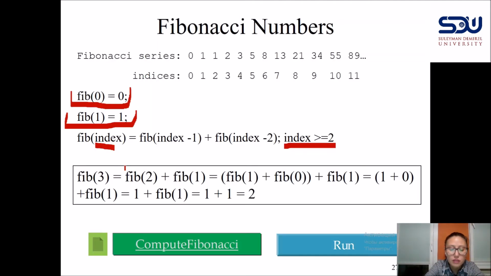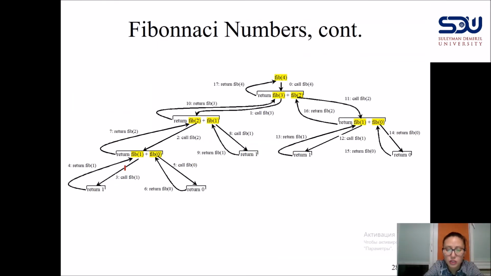Now, how does this function work? Let us see the example. If you need to find the Fibonacci for 4, what will you return? You will return Fibonacci 3 plus Fibonacci 2. Fibonacci 2 will be equal to Fibonacci 1 plus Fibonacci 0. For 1 it will return 1, for 0 it will return 0.